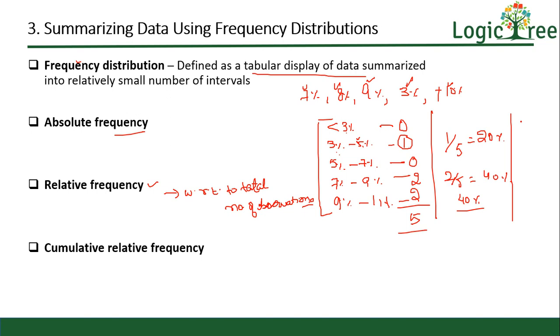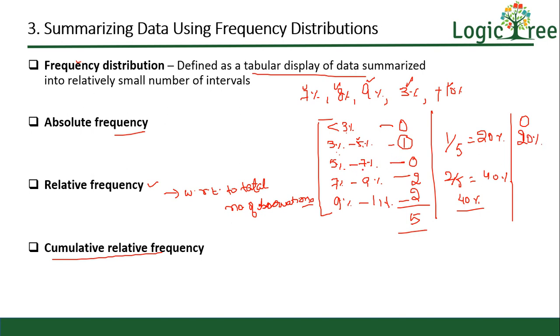Now if I cumulate them or sum them, that is known as cumulative relative frequency. Let's say for the stocks less than 3% it is 0, then less than 5% it is 0 plus 1, so that comes to be 1, or in terms of relative frequency it is 20%.